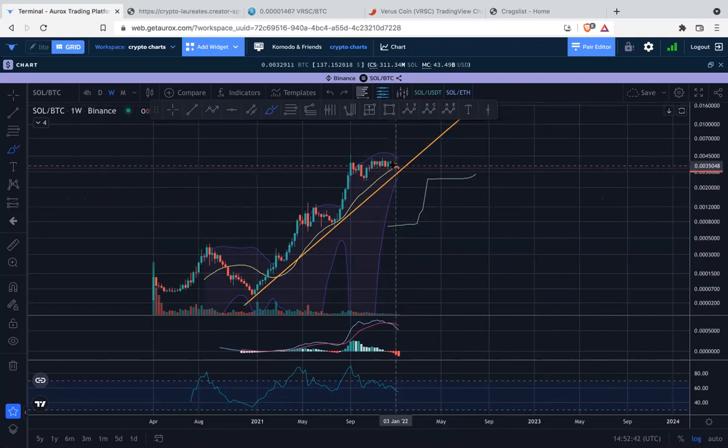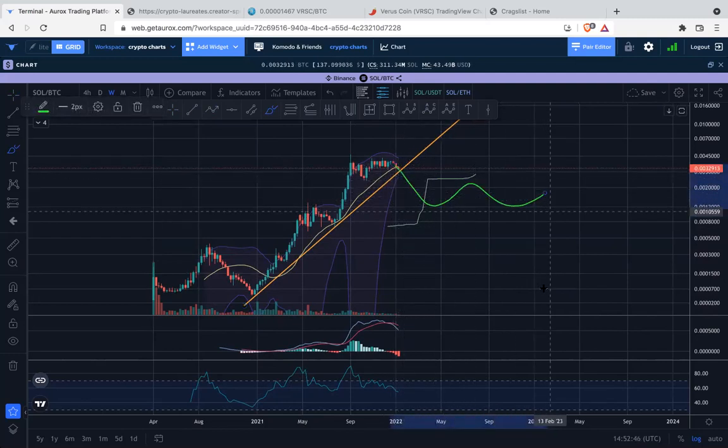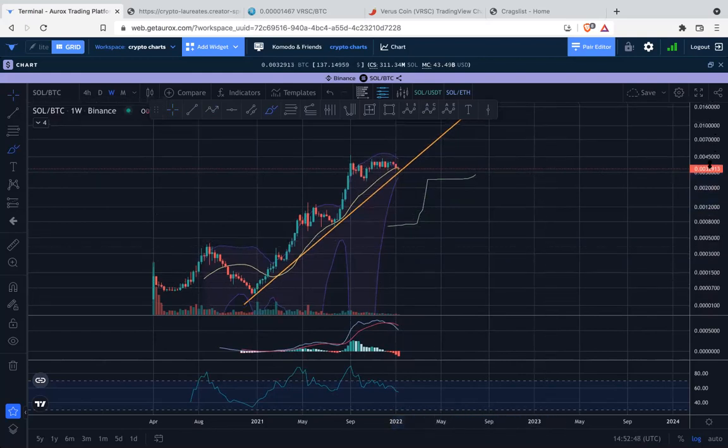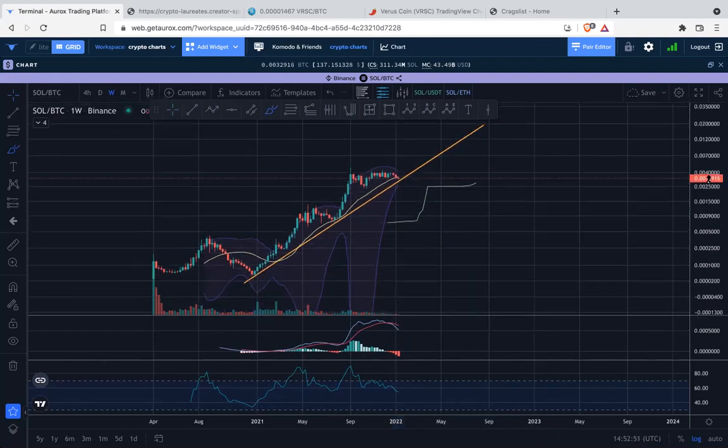And in fact, to be fair, my bias is for something more like this to happen against BTC, because I imagine at some point BTC is just going to rocket up to the next level, whether it's 100,000 or beyond, whatever that needs to be for the Bitcoin price. And so in that case, these altcoins against BTC might see relatively weak action compared to BTC.